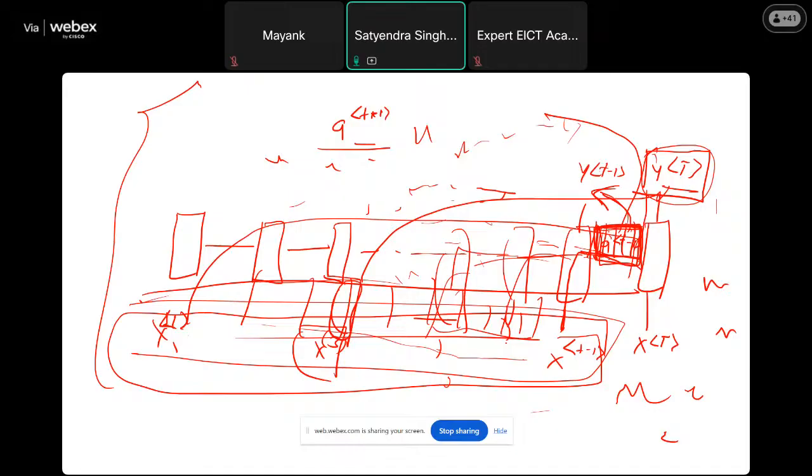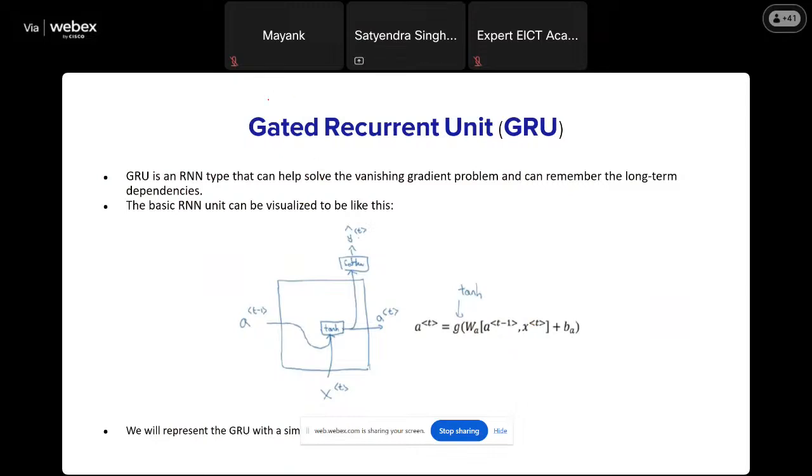So some researchers have come up with the gated recurrent unit called GRU, where each RNN unit has the notion of gates.